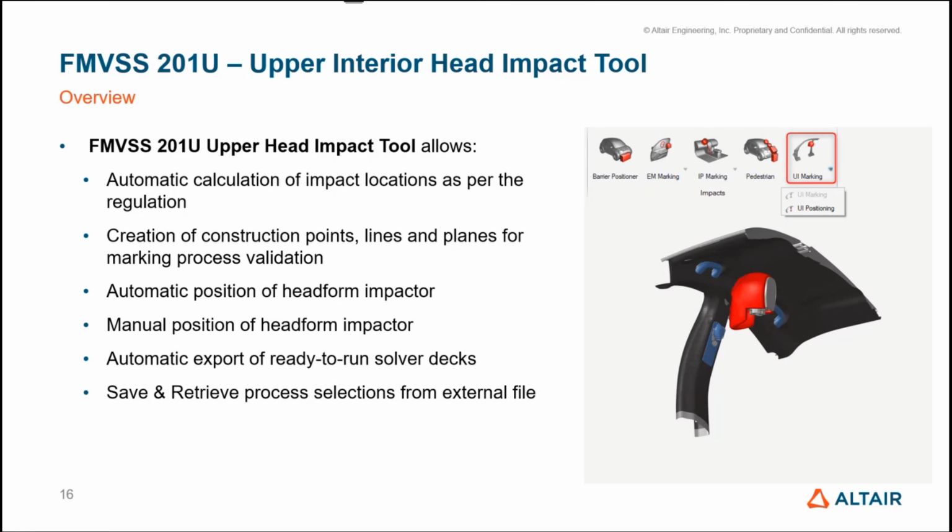And also there is a possibility to position the head form manually, means if the angles from the regulation are not suitable but the user still wants to position it and calculate that area with the simulation, one can also position manually.